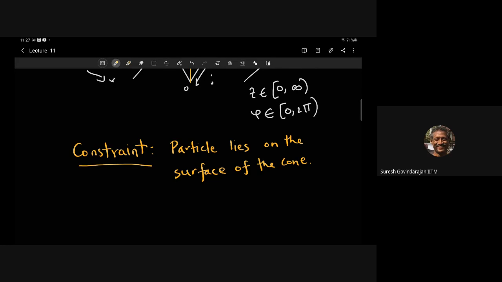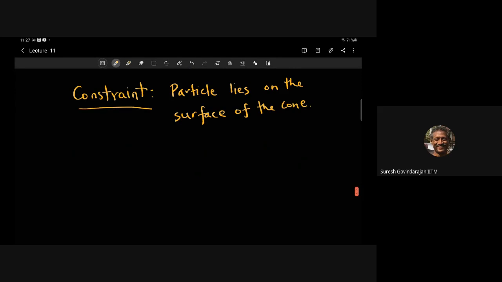That's not something we need to answer. We could think of how we would realize it, something making it stick to that surface. There will be some constraint forces which you might need to consider in real space. But this is an example of a constraint.